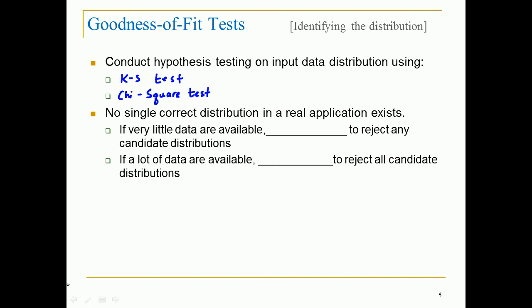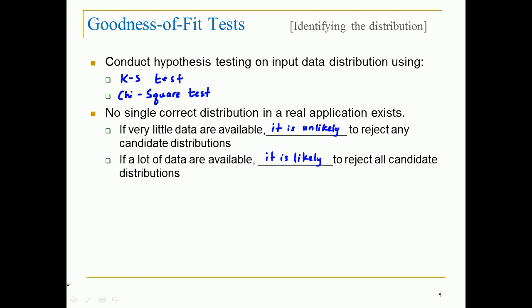Again, no single correct distribution in a real application exists. So if very little data are available, it is unlikely to reject any candidate distributions. Now, if a lot of data are available, then it is likely to reject all candidate distributions.